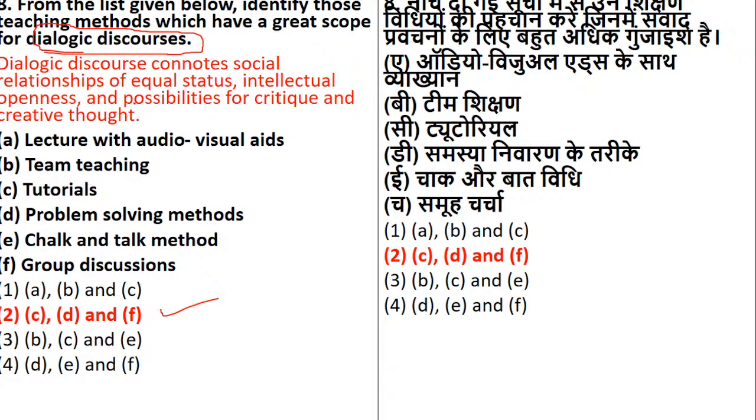The question was: from the given list, identify those teaching methods which have a great scope. Which are those methods where, whatever you get in the class, you take it very positively, with high spirits, and you do not feel embarrassed or bad?